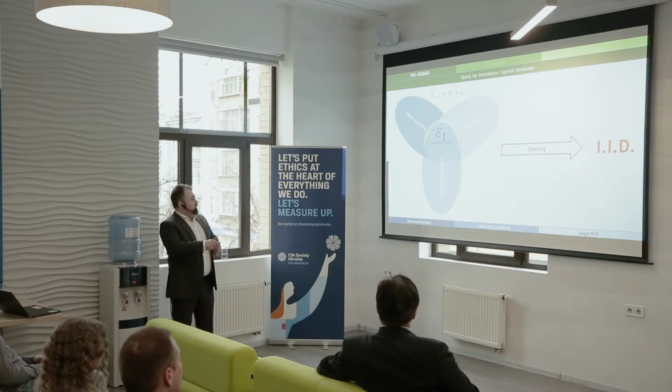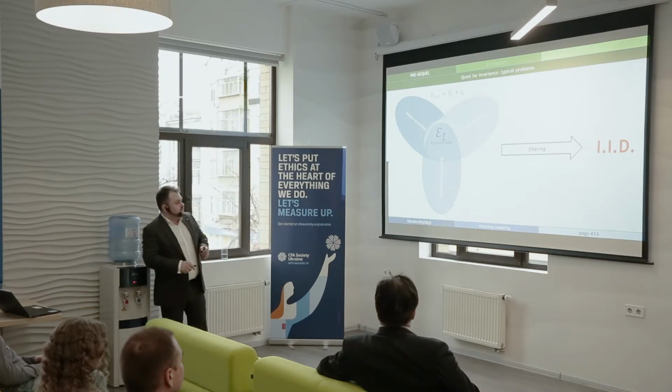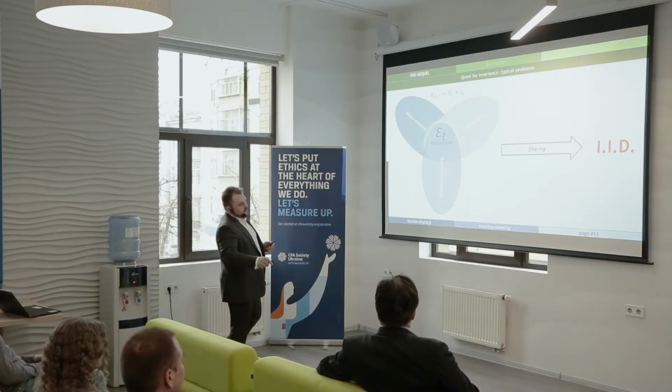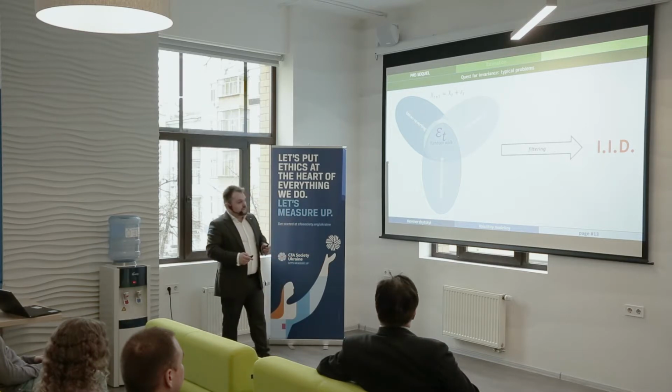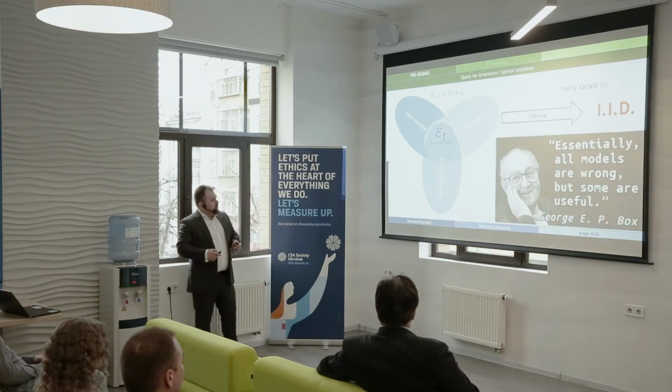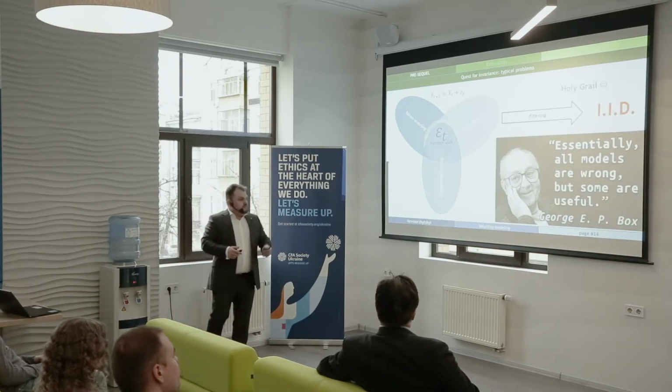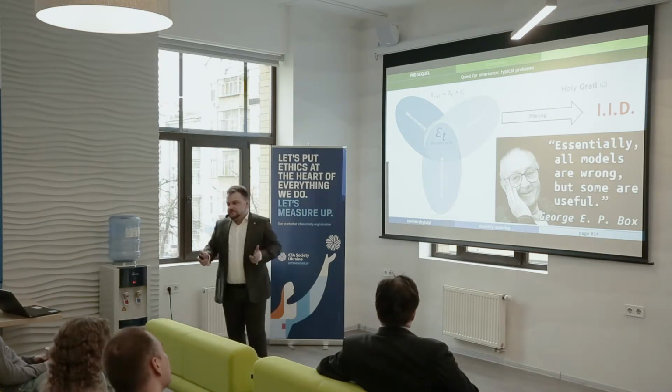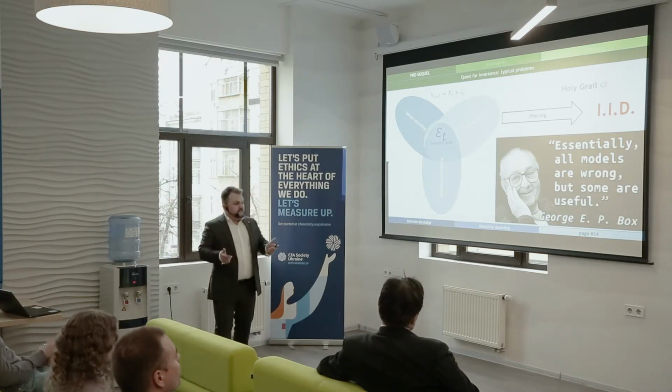What does it mean? When we have one of these effects, when we do not have white noise, we have to use some filtering to obtain an IID process for our forecasting, for our risk estimation. George Box said that essentially all models are wrong, but some are useful.